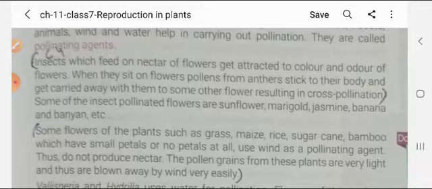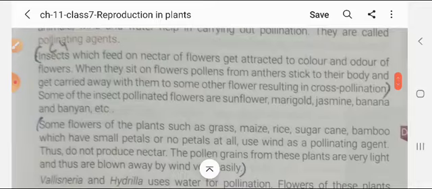If it occurs in the same flower, it is called self pollination. If it occurs in a different flower, it is called cross pollination.